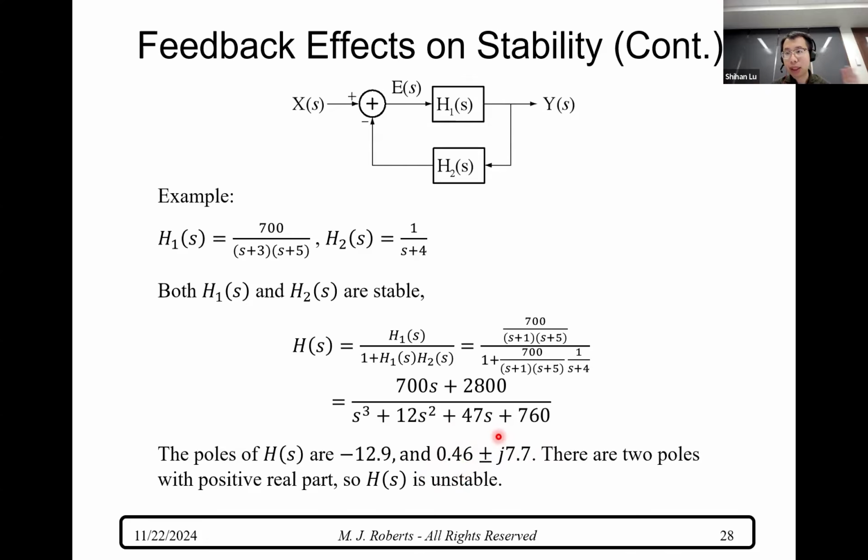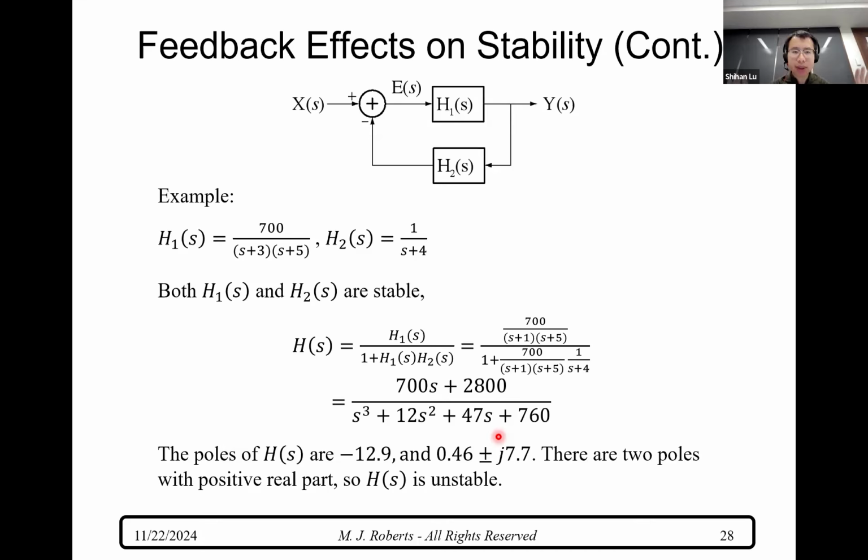because we can never have poles which have a positive real component, or in other words, we cannot have poles on the open right side of the coordinate.